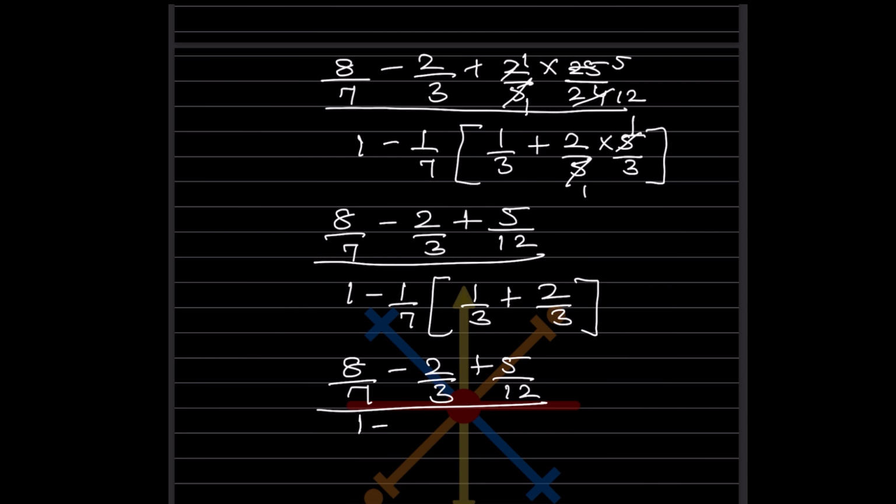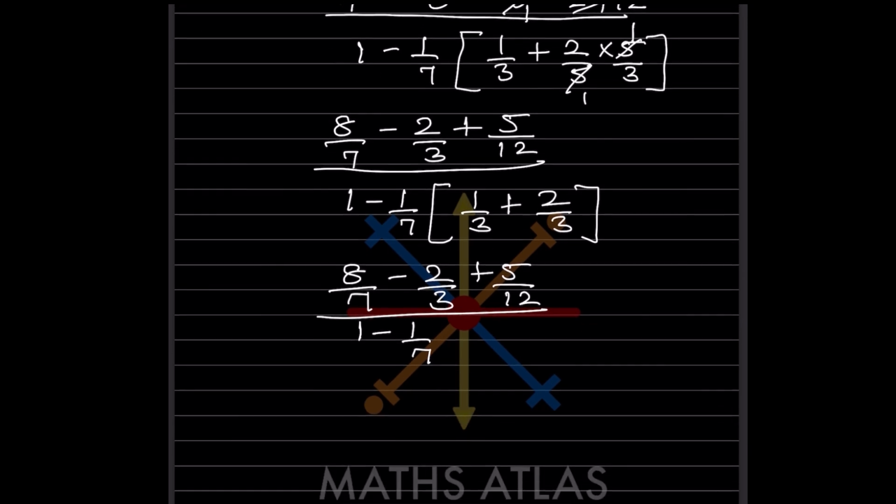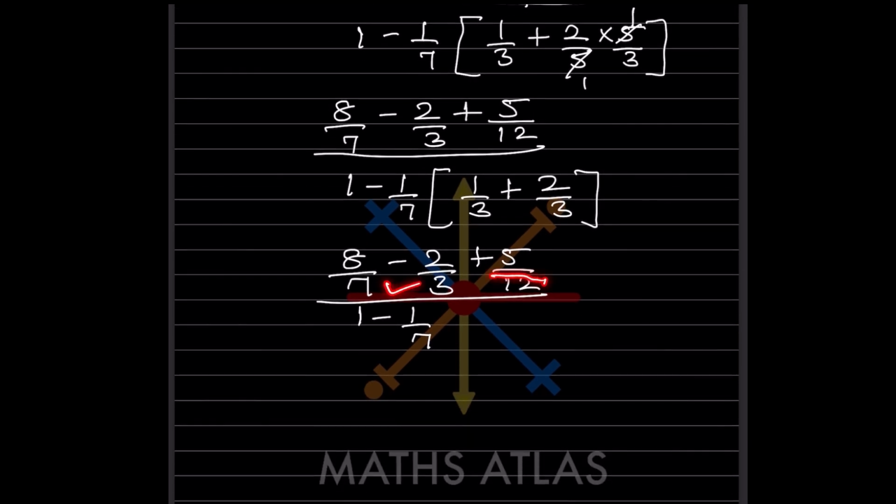So here will be 1 minus 1 by 7. And here, because the denominator is the same, 1 plus 2 means 3, 3 by 3 means that is going to be 1. So we are not going to write into 1 over here. It will just be 1 minus 1 by 7.